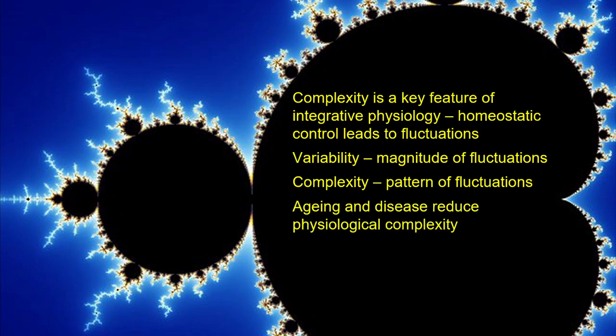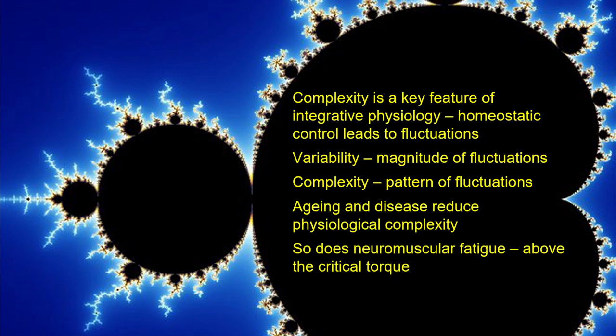It's been shown that both aging and disease reduce physiological complexity, but it's also now been shown that neuromuscular fatigue reduces complexity exclusively above the critical torque, and that is a consequence of both peripheral and some central fatigue. And why is the loss of complexity important? Well, if you lose complexity, it's thought you lose adaptability. And in the case of the neuromuscular system, if you have less complexity, you're more likely to produce movement errors.